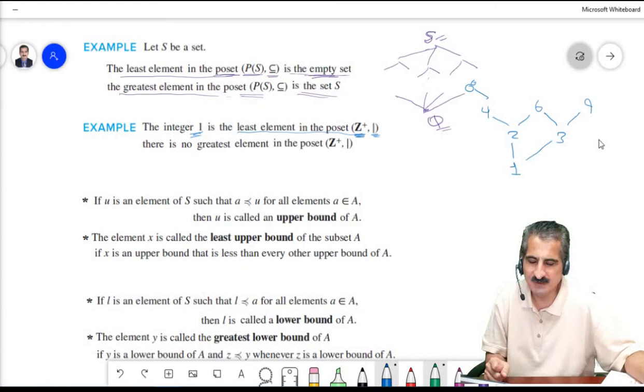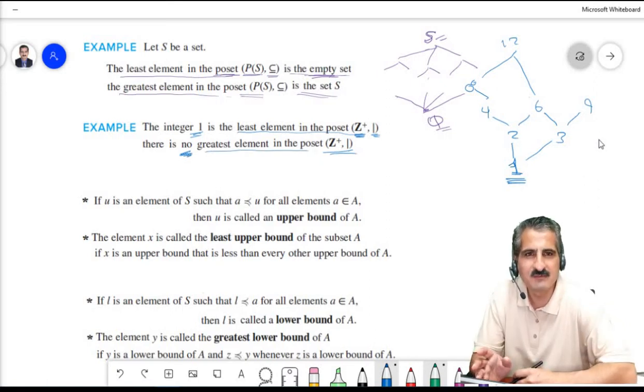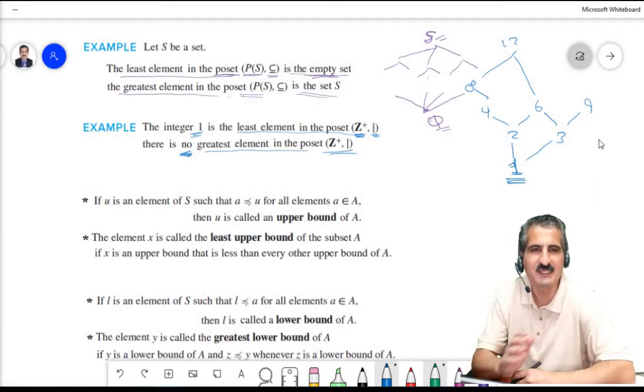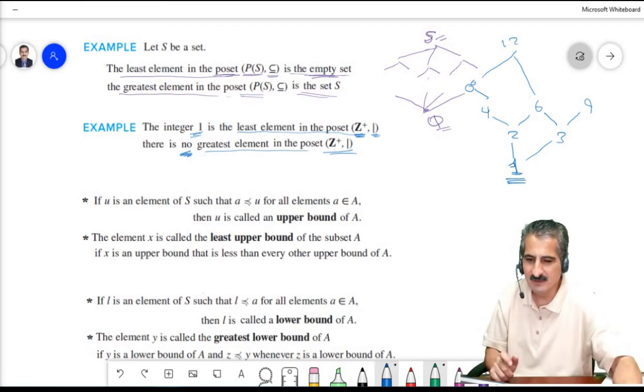And 6 and 8 will meet at 12, and so on. But we know now this is the least element in this poset. But there is no greatest element, because the greatest element here means the positive integer that is divisible by any other integer. What is it? It does not exist. You may say infinity, but that does not apply, the definition does not apply.